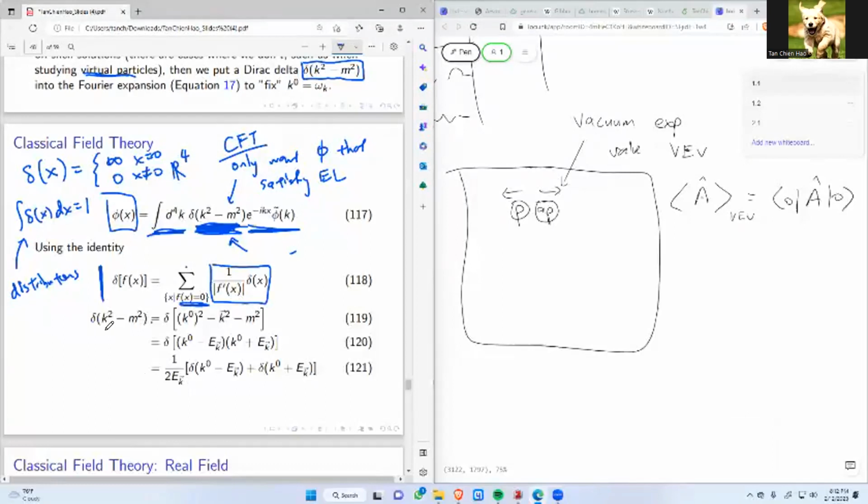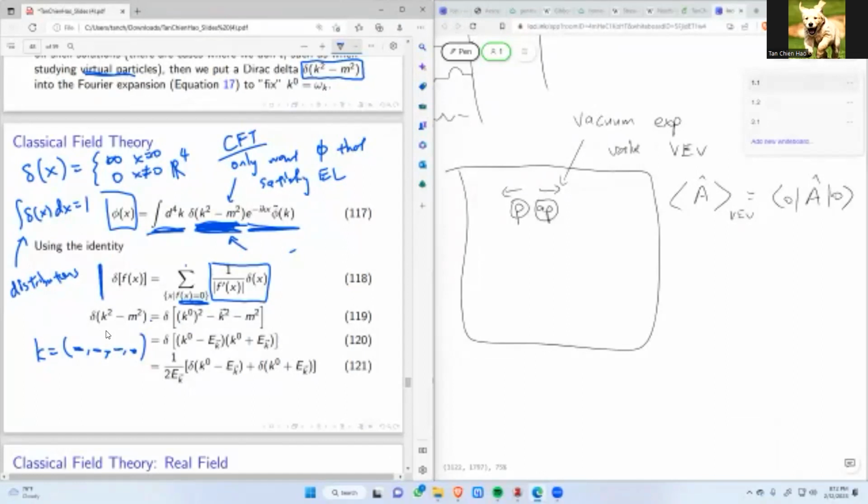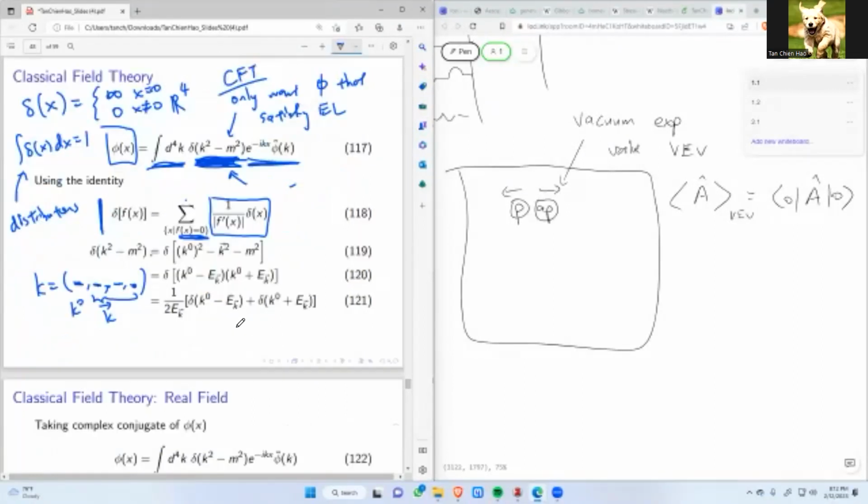So in this case, remember that k is 4 numbers. If we split the first component and the rest of the components up into k naught and k vector, the arrow meaning the spatial vector part, then we can write it like that.